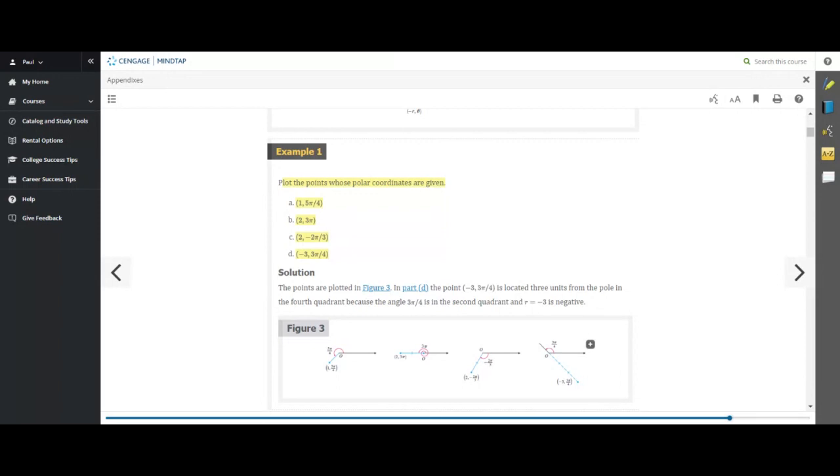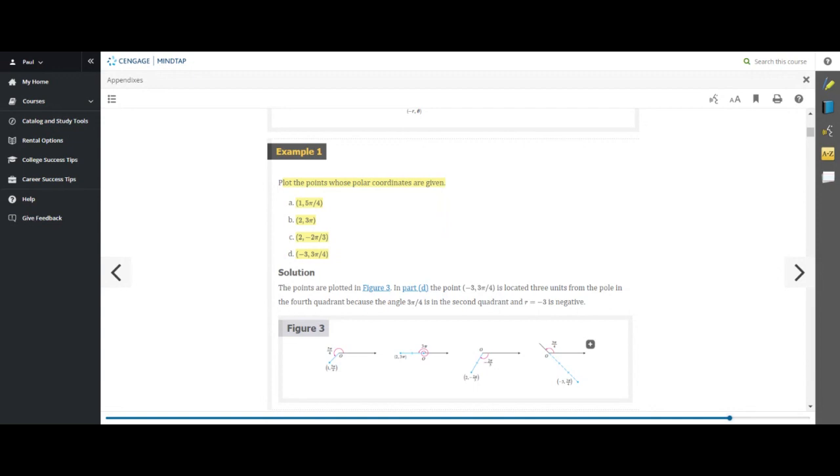For B, the polar coordinate (2, 3 pi), well, they graph that in the second picture. So pi is 180 degrees. So 3 pi would be 540 degrees. And then you move out a positive radius 2. So when you move out the positive radius, you move forward.